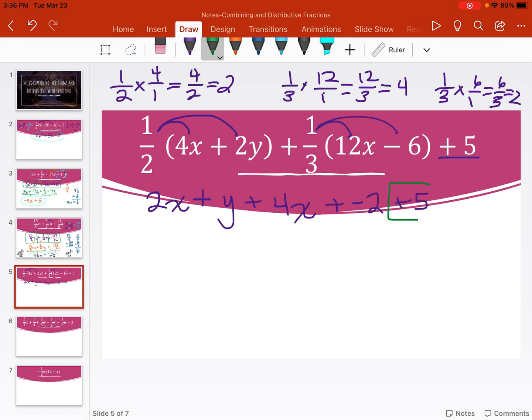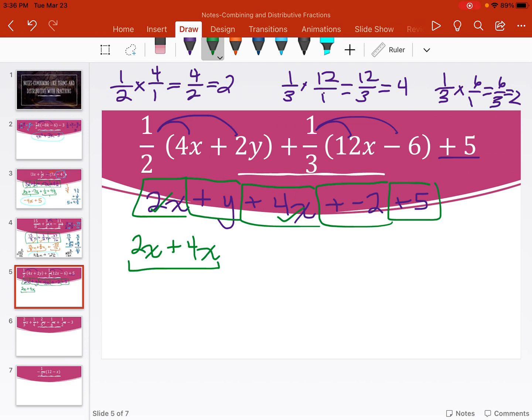Now we need to box our terms and rearrange finding our families. So I can see a 2x plus 4x, there's my x family, plus y, there's my y family, and then I've got some constants, so plus 5 plus negative 2, there's my constant family.